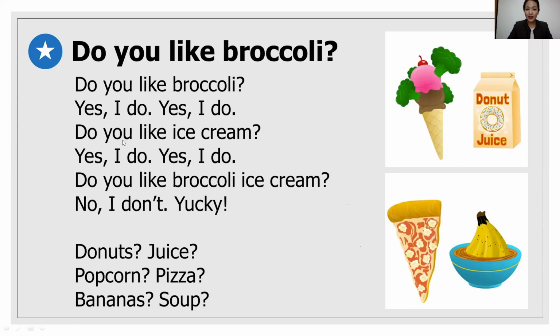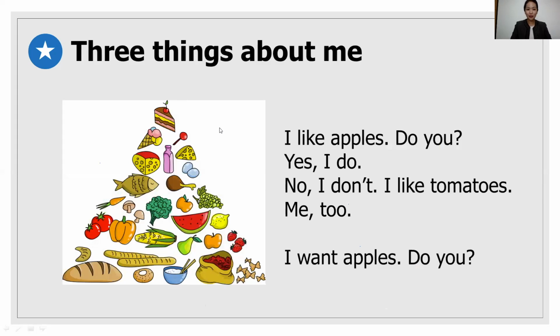So they will realize how they answer it, like yes I do and no I don't, as a positive form and the negative form. And three things about me. Yes, this has some process. So first, you give a sticky note or a small piece of paper or clip to each child.